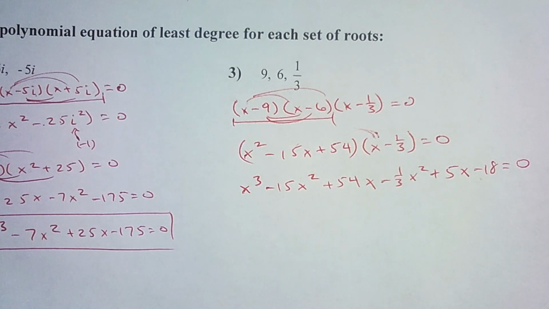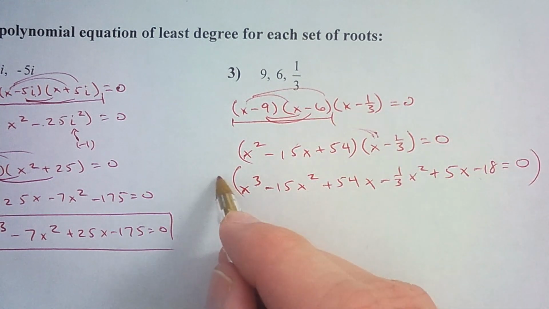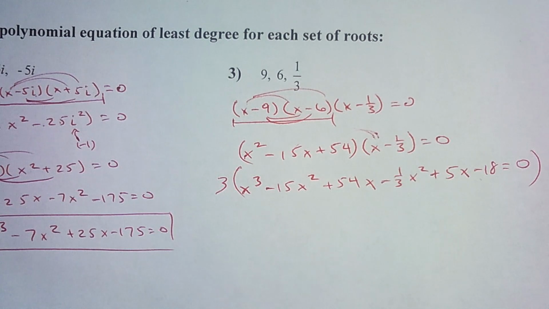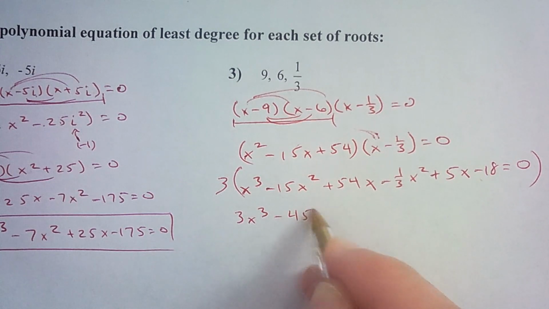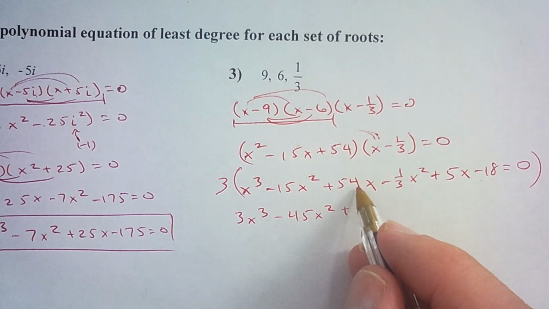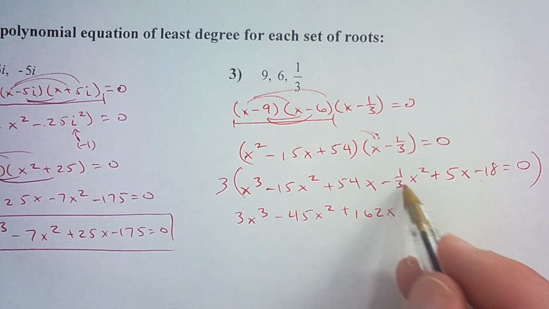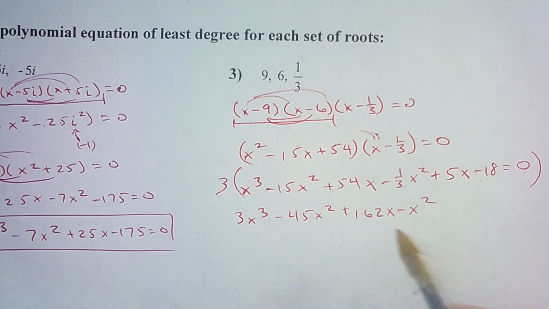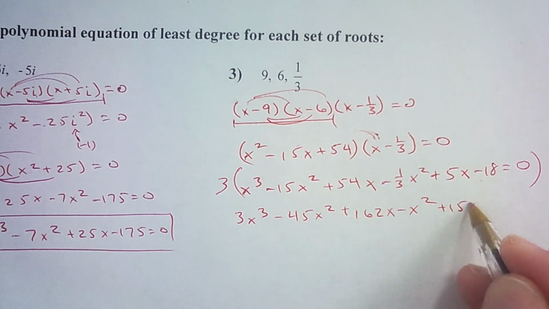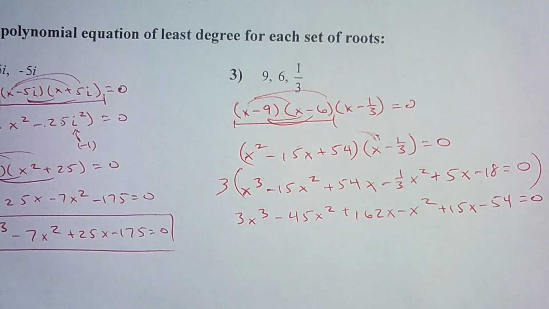Now in order to get rid of this fraction, I'm going to multiply this entire thing by 3. So I have 3x cubed minus 45x squared plus 162x, and then minus x squared plus 15x minus 54 equals 0.